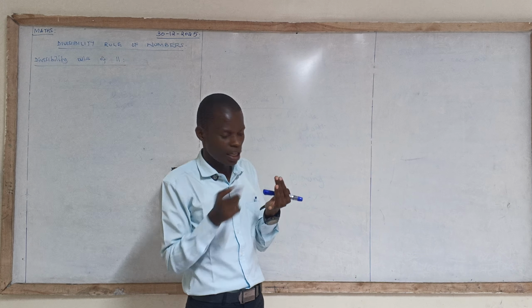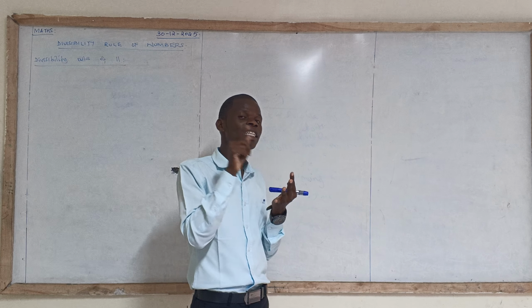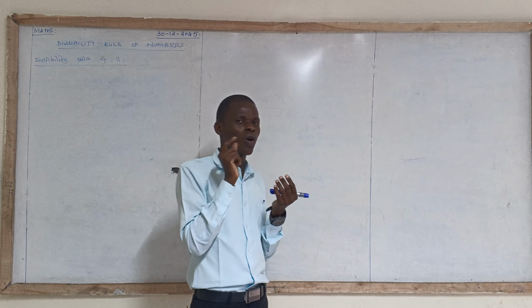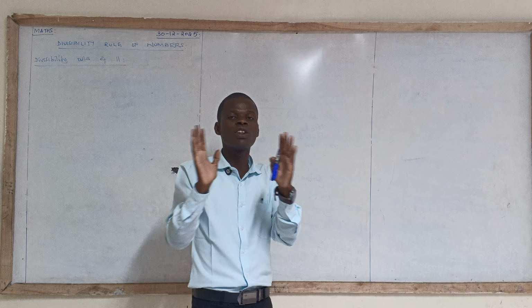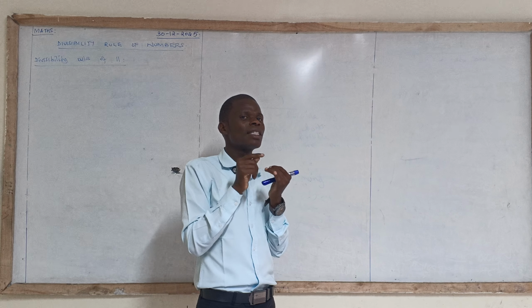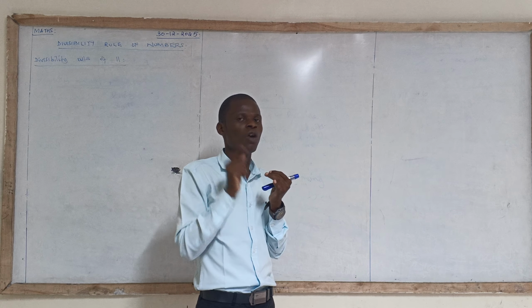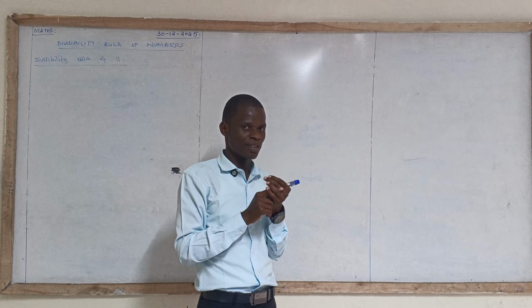We get the difference of what? The difference of the sums. The sum of what? The sum of the alternate digits. So step 1, we must know what these alternate digits are. Step 2, we get the sum of the alternate digits. Then step 3, we get the difference.